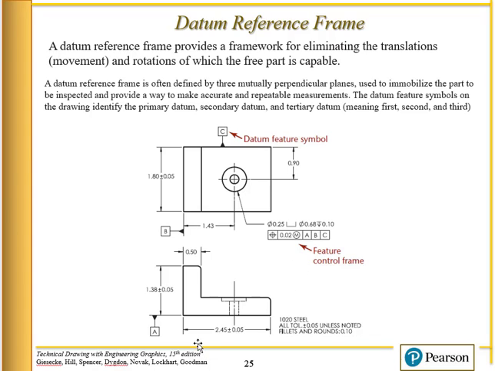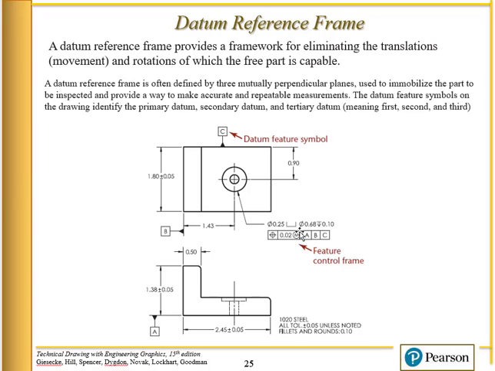First of all, you see this feature control frame here. We have our tolerance, and this is like the characteristic. The characteristic here is a positional tolerance. Here's the actual tolerance value, 0.02 millimeters.